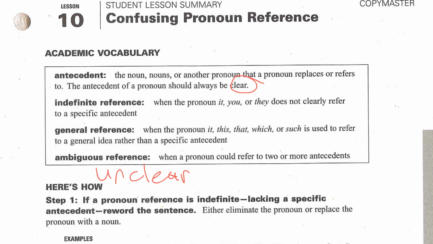And it's a very good word to know. Why are you being so ambiguous? Can't you just make your point? Like that. You can sound very smart. It's a nice SAT word as well. Ambiguous. When you're unclear. When a pronoun could refer to two or more antecedents, it's unclear. It's ambiguous.